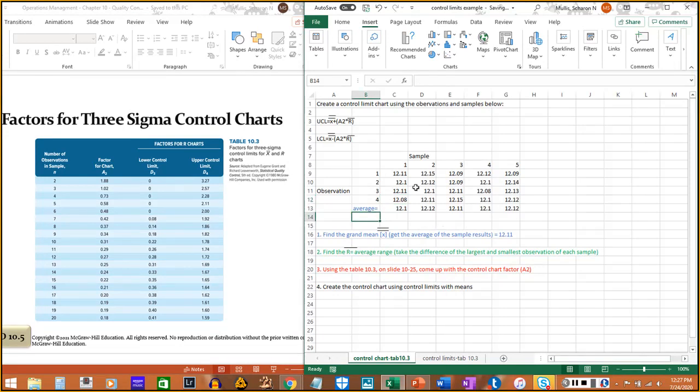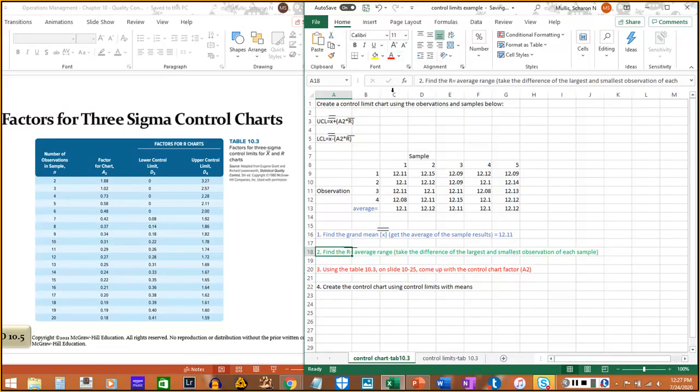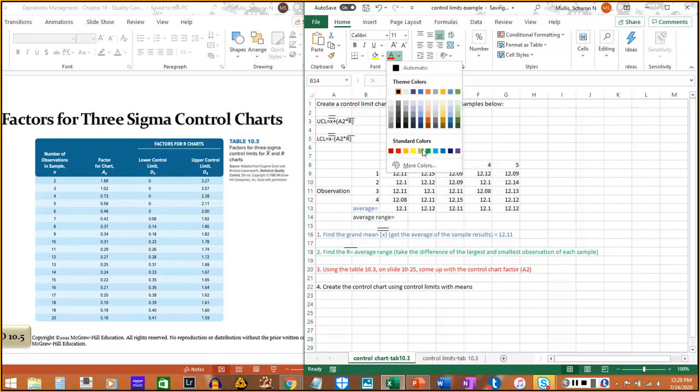So I'm going to put average range equals, and I need to make that green.